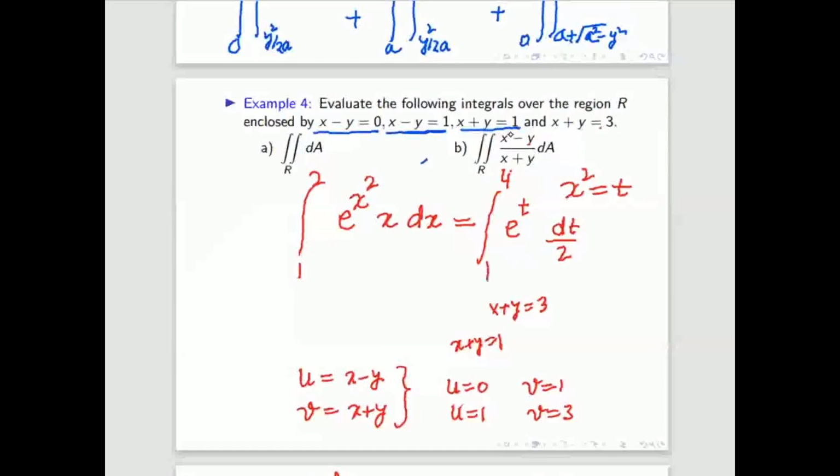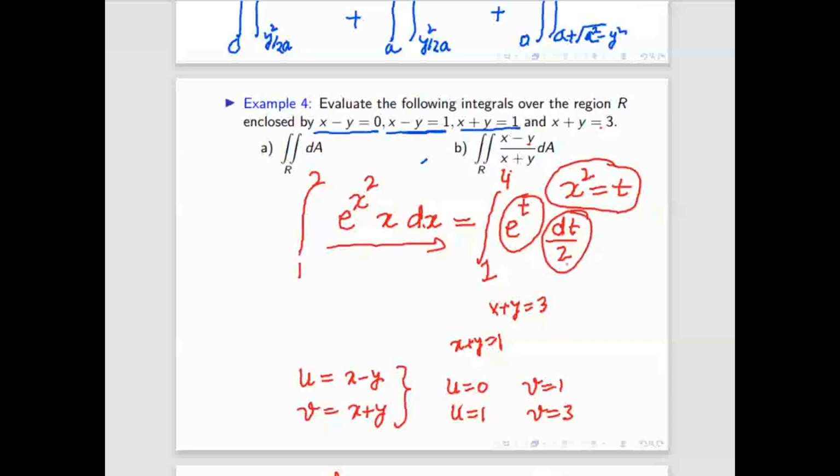So here we know how to change. After substituting x square equal to t, the x dx and e to the power x square also change, and it becomes e to the power t by 2 dt. Even the limit is also changed. But what am I changing here?